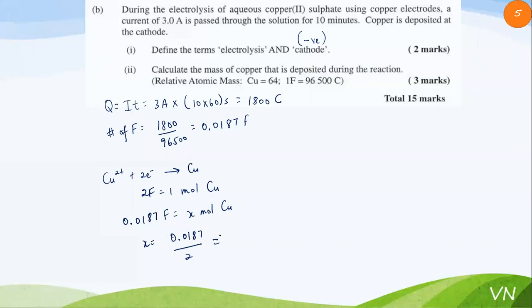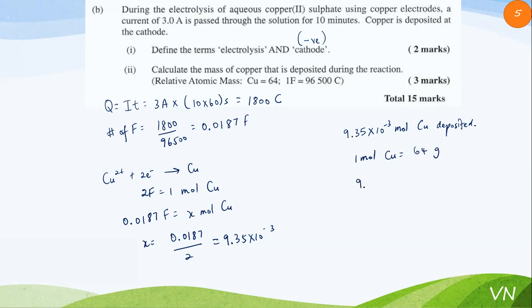Which is equal to 9.35 times 10 to the minus 3. So from here we can see that 9.35 times 10 to the minus 3 moles of copper deposited. So 1 mole of copper from the question tells us that is equal to 64 grams.